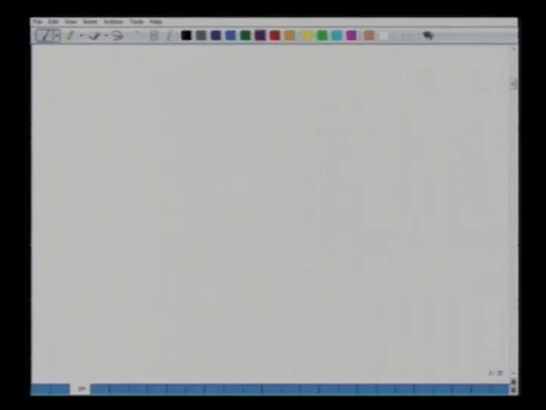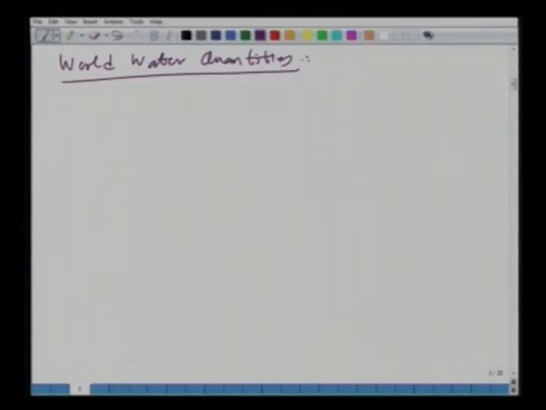Now, moving on, the next thing I would like to look at is the importance of hydrology in the form of what is called water quantities. The total quantity of water that is available on earth is approximately 1386 million kilometer cube.